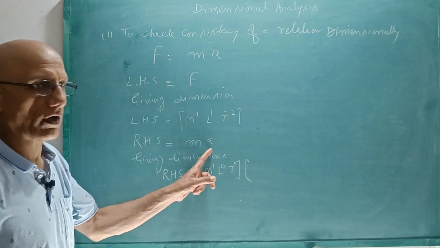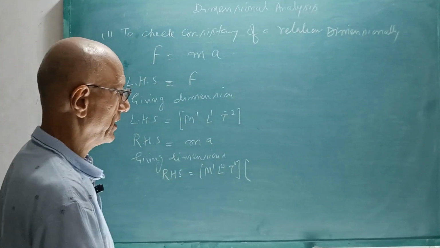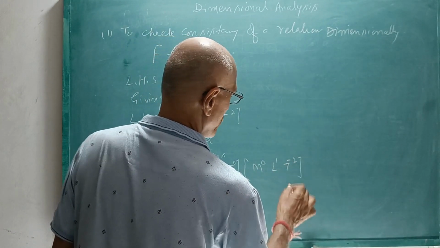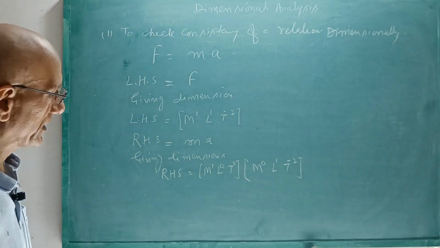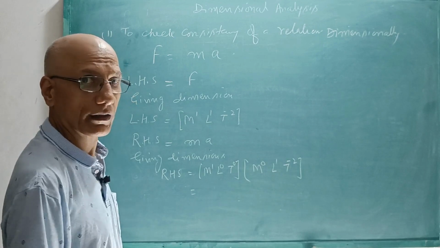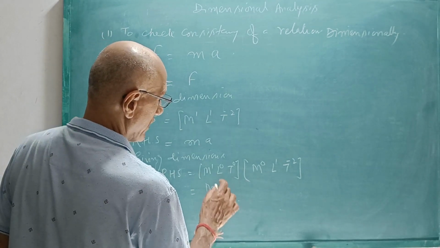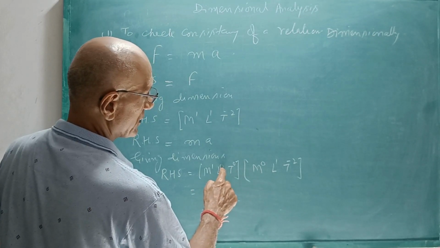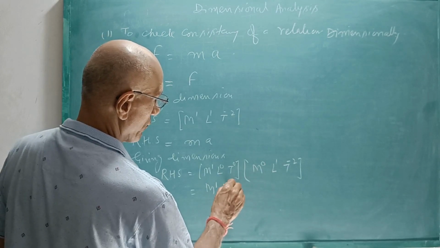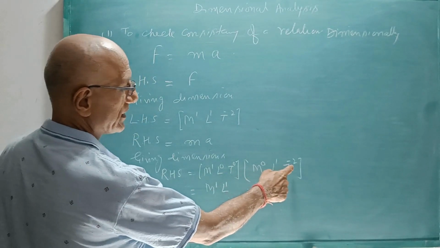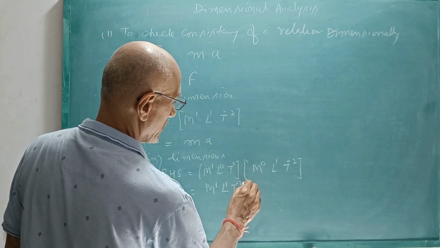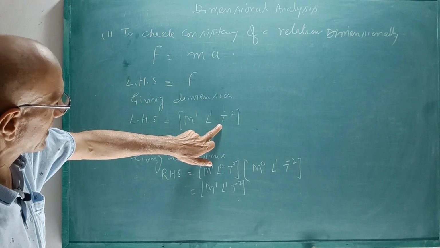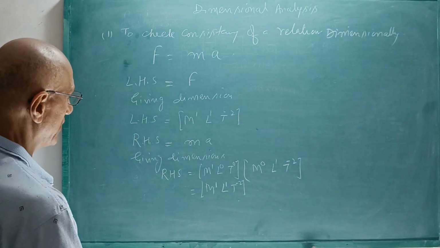The dimensions of acceleration A are M0 L1 T minus 2. Now multiplying according to the law of indices, we have M1 plus 0, so this is 1. Then L0 plus 1, so it is L1. Here T0 and T minus 2, so that will be T minus 2. So this comes here, and we see the LHS and the RHS are the same.